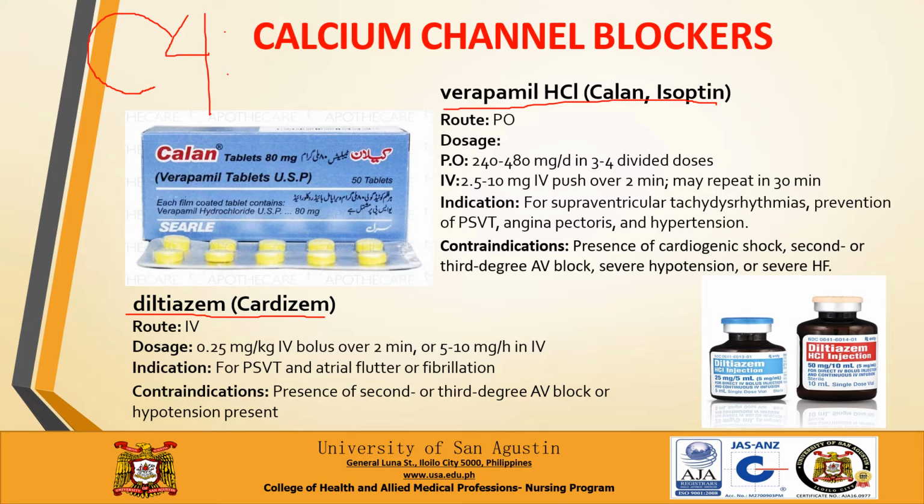Again, usually for supraventricular tachycardia, tachydysrhythmias, angina pectoris, and hypertension. And these diltiazem and verapamil are contraindicated in second and third degree AV block, and of course, severe hypotension and severe heart failure.